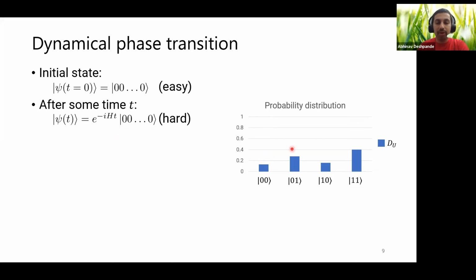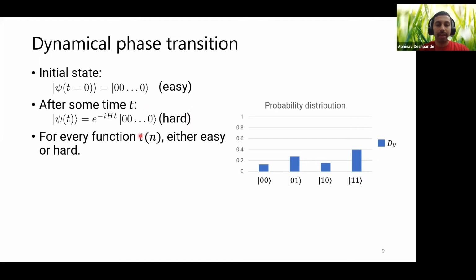So the probability distribution looks a bit more complicated, like this, and in particular that it is hard in the asymptotic case. Now notice that our definitions of easiness and hardness were mutually exclusive. So for every function time t of n, you can ask this question: is simulating the system for time t either easy or hard? And there's a definite answer for that.